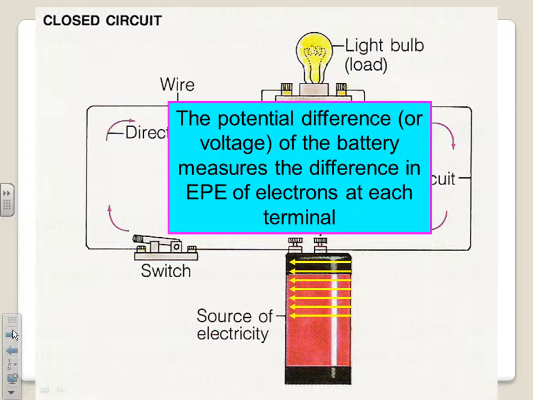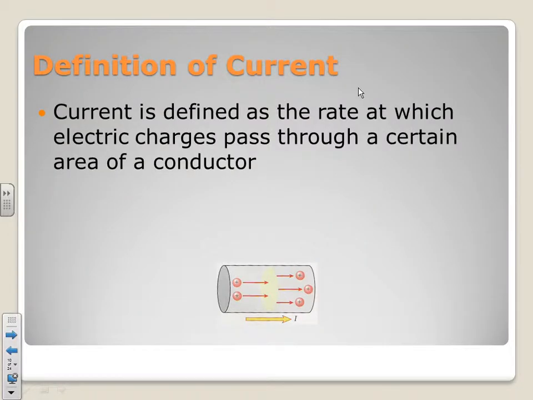The movement of those charges is called current, defined as the rate at which electric charges pass through a certain area of a conductor.